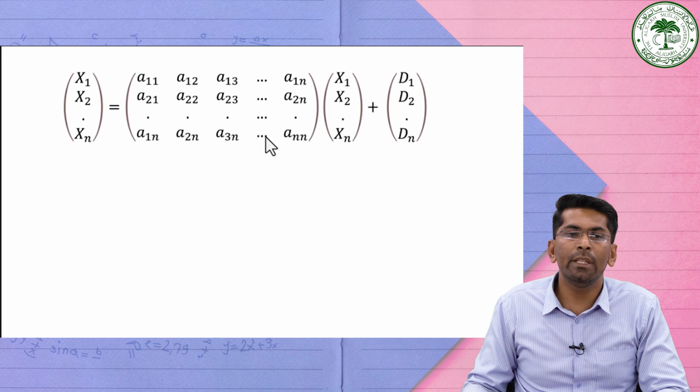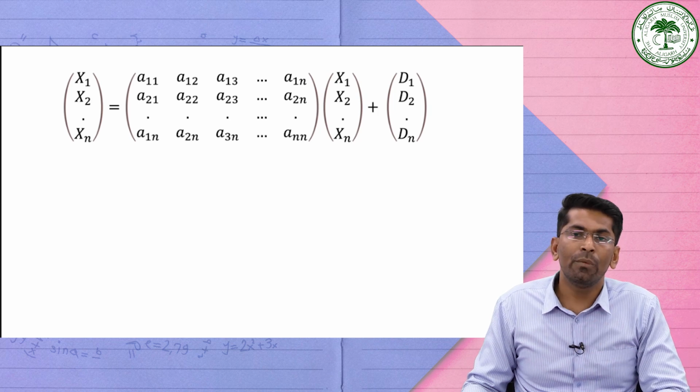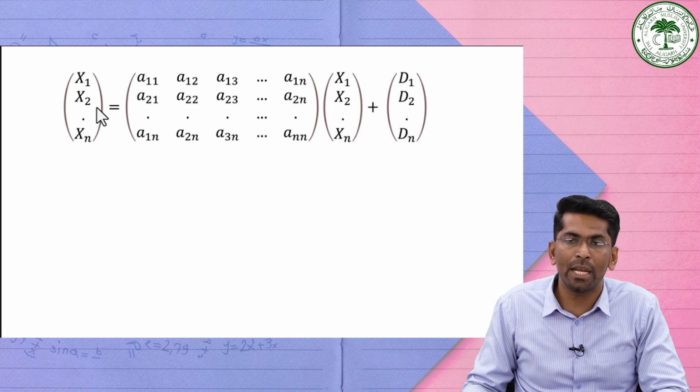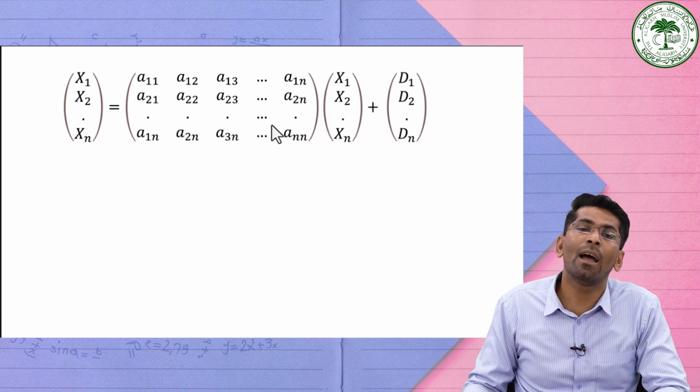What is this actually showing? This is aij, which means this matrix represents the technical coefficient or proportional coefficient, where aij is the proportion of the output from the sector j required as an input for producing 1 unit of output from the sector i.